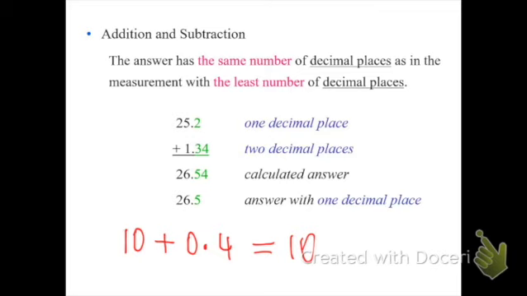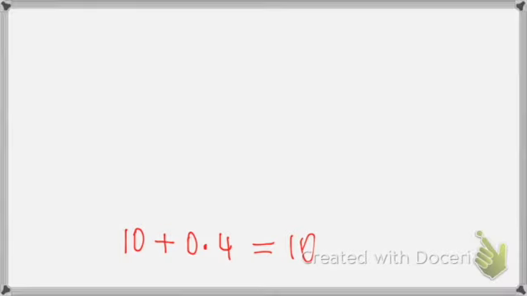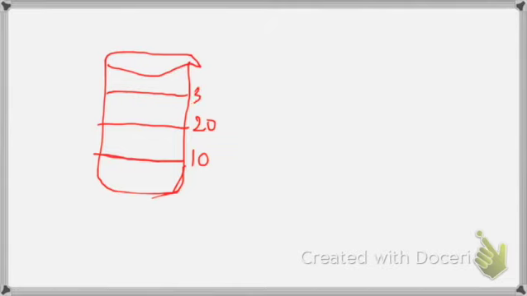But I think chemistry explains it a little bit better. So I'm going to give you an example. Remember how we talked about reading measurements? Let's say that you have a beaker, and this beaker has marks at 10, 20, 30.